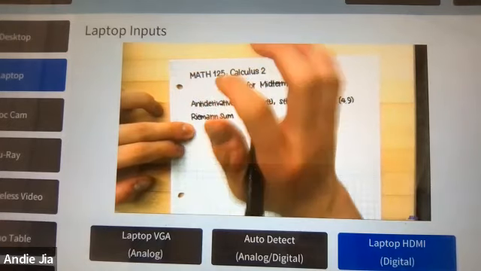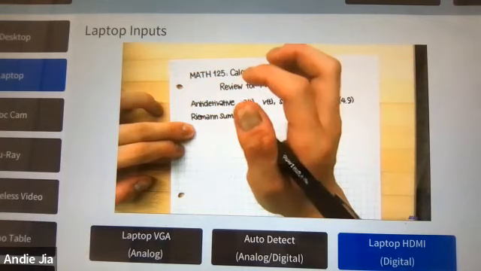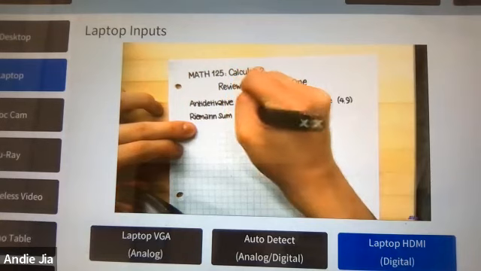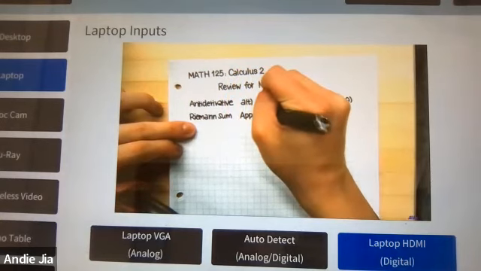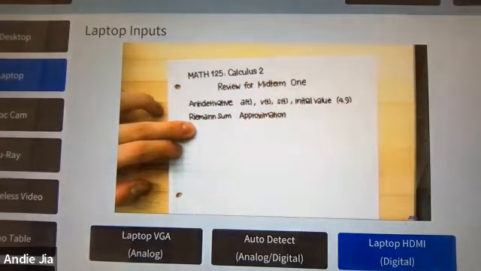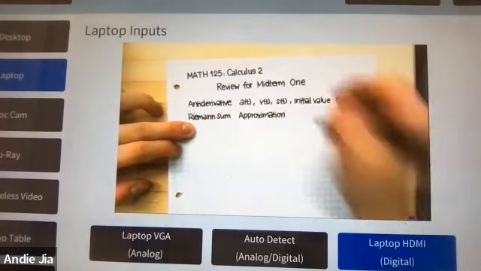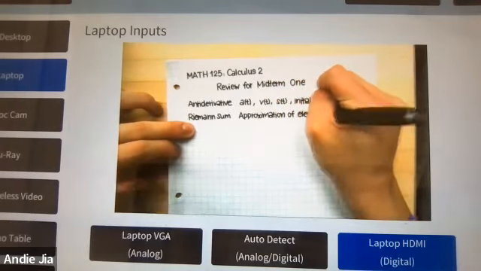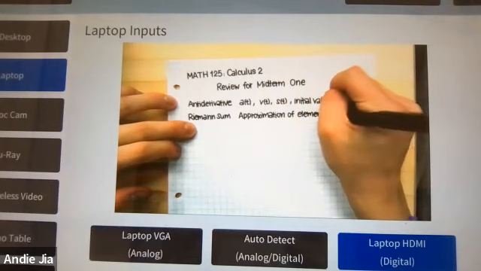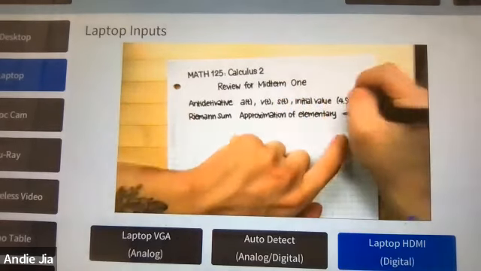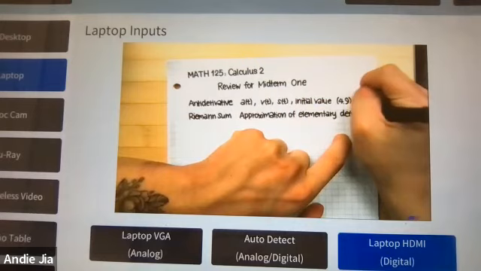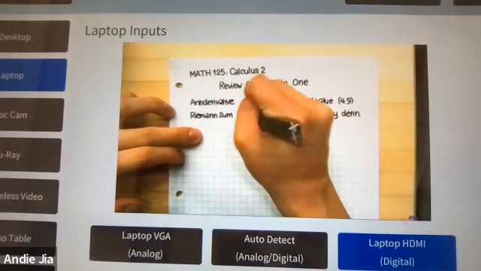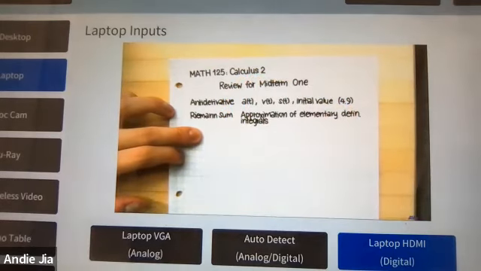Use the midpoint, right endpoint, and left endpoint approximations, the approximation of elementary definite integrals. This is 5.1.